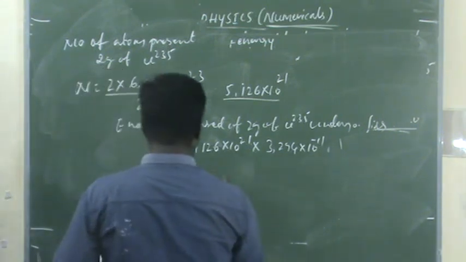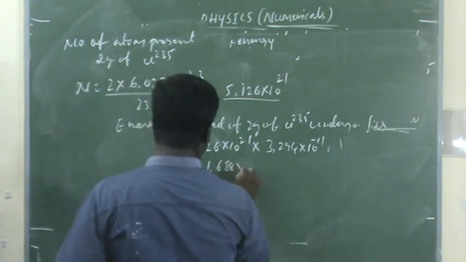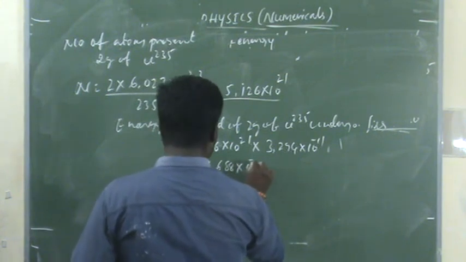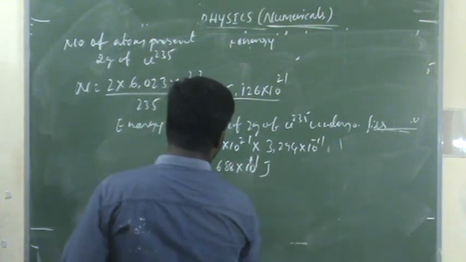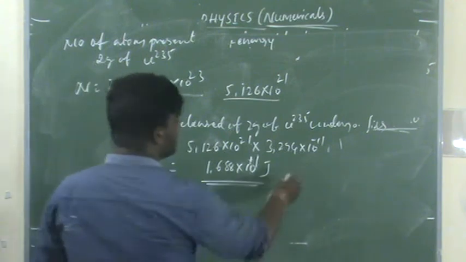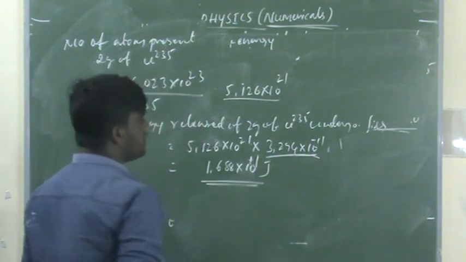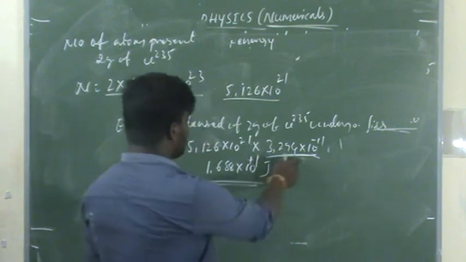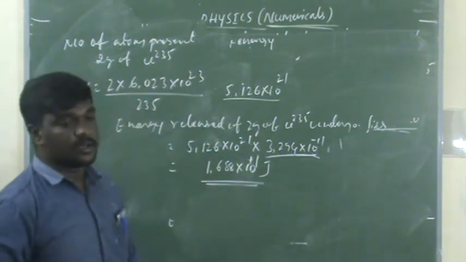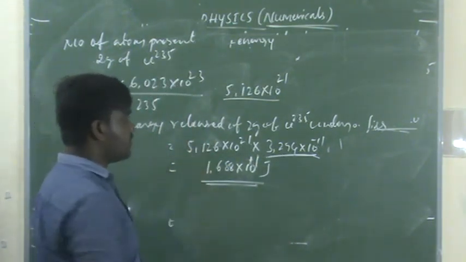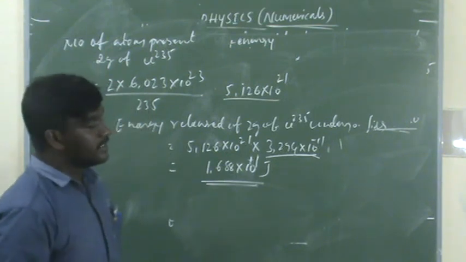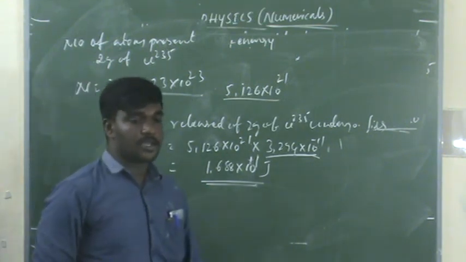So finally we got 1.688 into 10 to the power of 11 joules. This is the energy released per uranium, and this is the number of atoms present in the 2 grams of uranium. Clear? So this is the answer for this numerical.